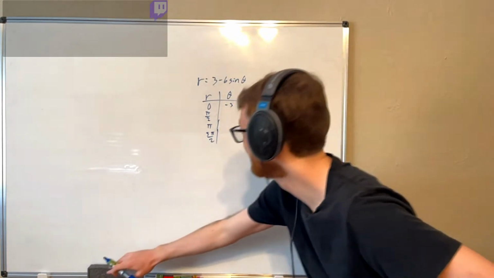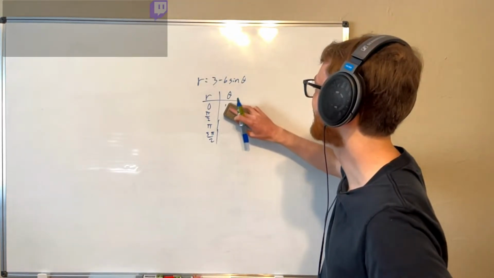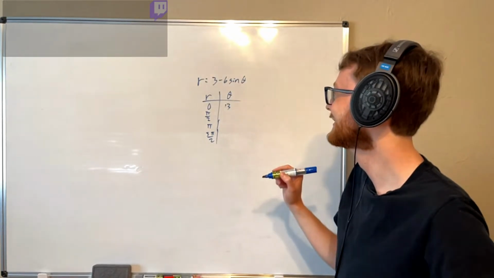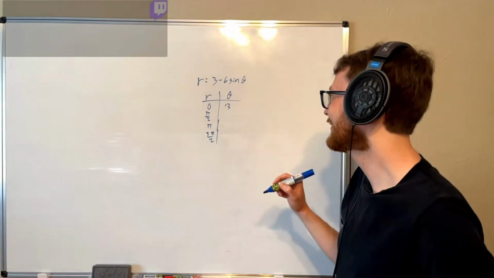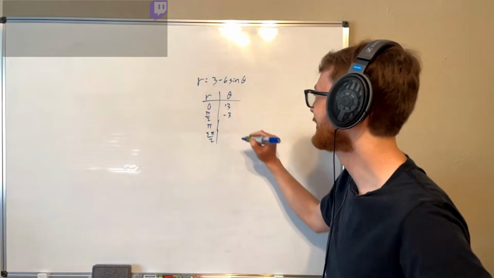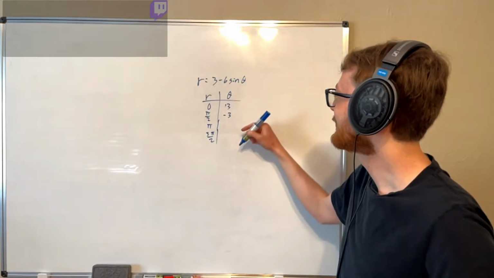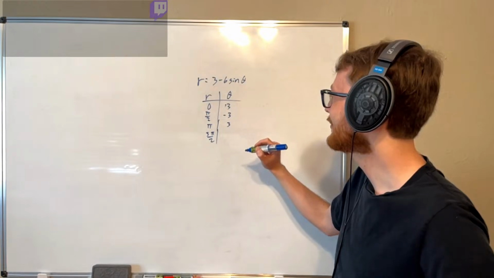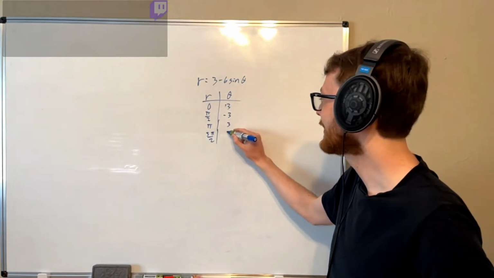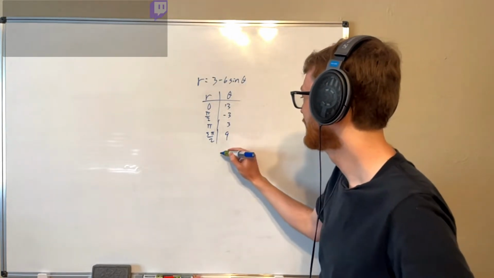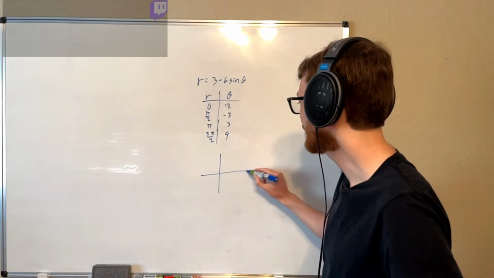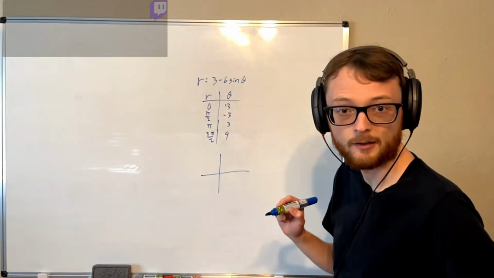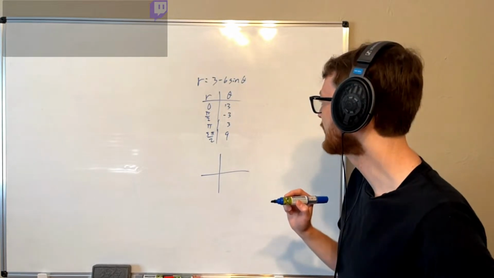Oh, wait, sorry. I'm already off to a bad start. Sine of 0 is 0, so you just get 3. Sine of pi over 2 is 1, so you get 3 minus 6, negative 3. Sine of pi is 0, so you get 3. Sine of 3 pi over 2 is negative 1, so you get 9. So let's see how far we can get just with these points and potentially plug in some extra ones if we can't figure out the shape.